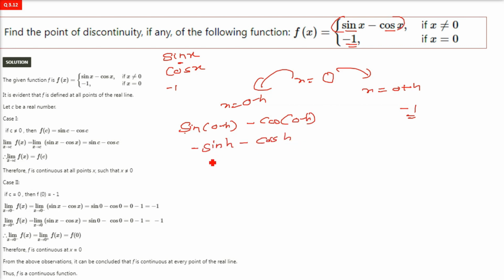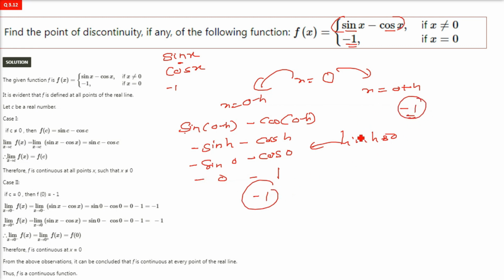What is this? Sin 0. I am applying the limit here. It is going to be sin 0 minus cos 0. Now cos 0 is 1, sin 0 is 0. So 0 minus 1 will be equal to minus 1, negative 1, on both sides. One step is still remaining.